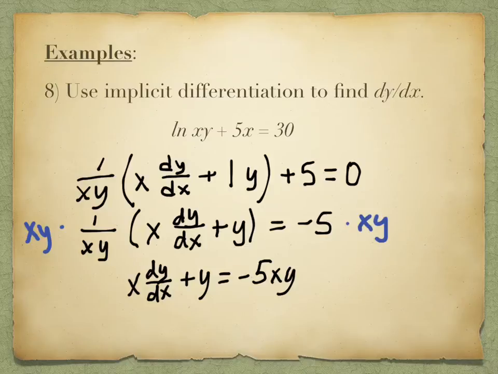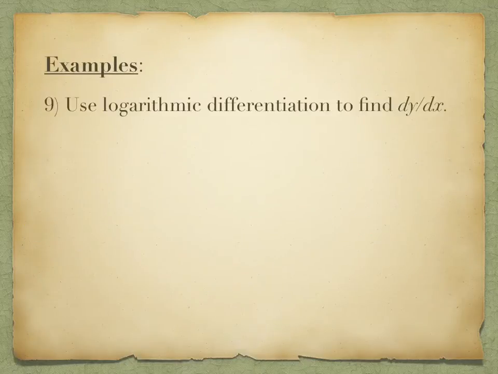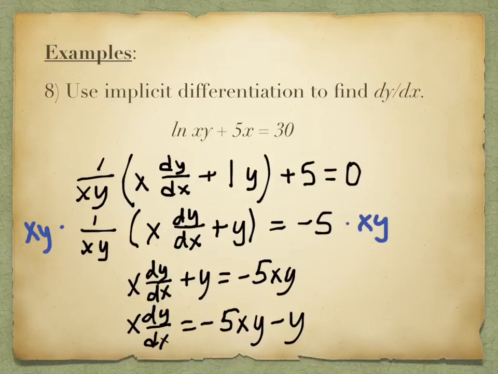Subtract the y. Yeah, sorry, the screen's taking a little while for it to finish showing up. So I've got x dy dx equals negative 5xy minus y. Don't have any more screen space. Now what? Divide by x.